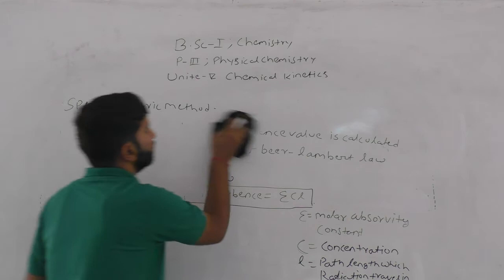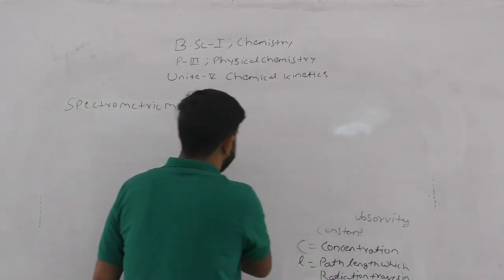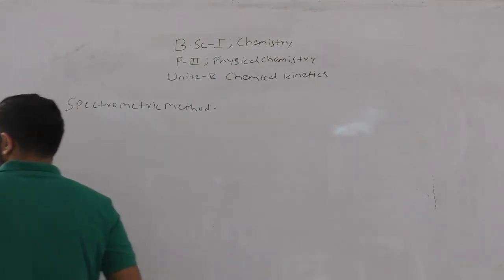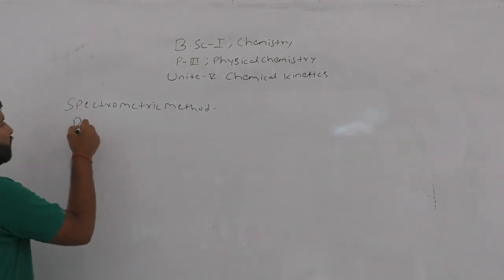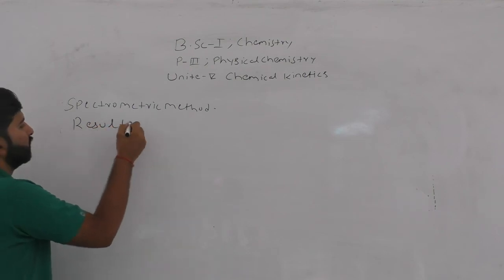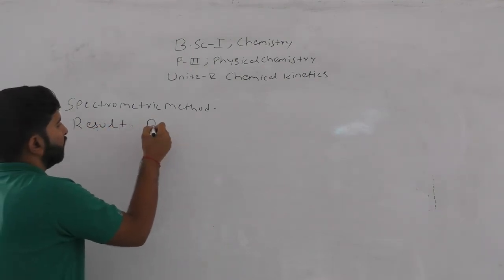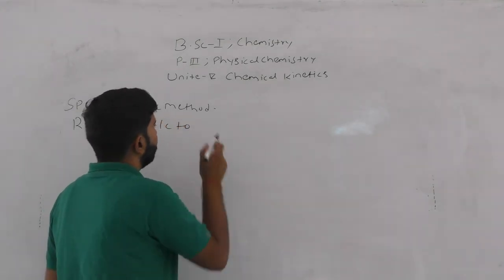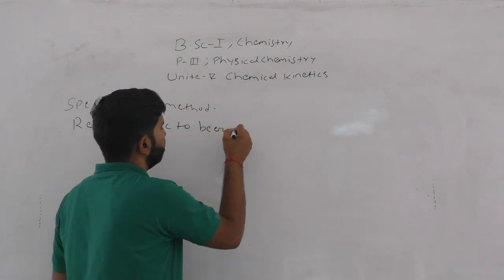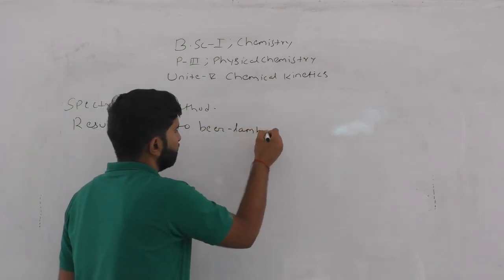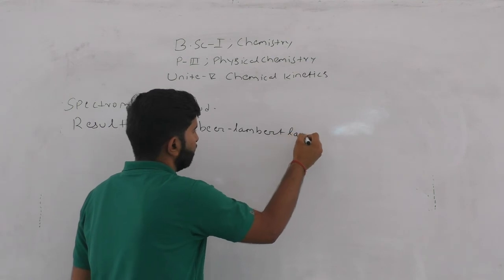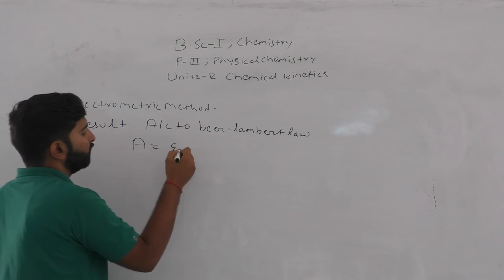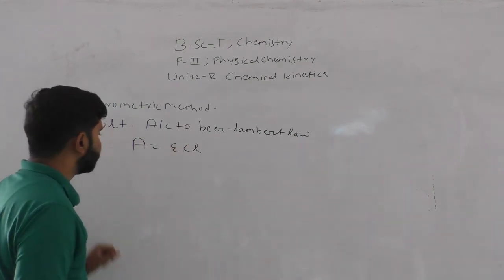Now we discuss the results. According to Beer-Lambert law, A equals epsilon Cl.